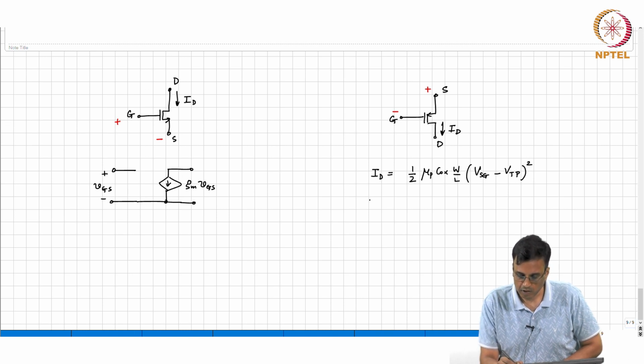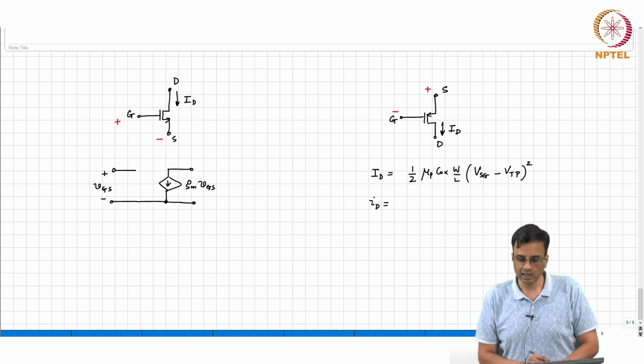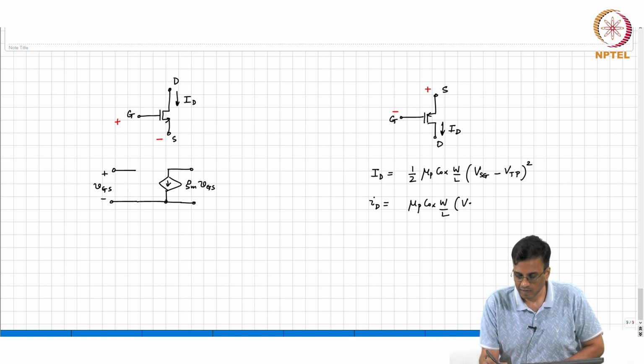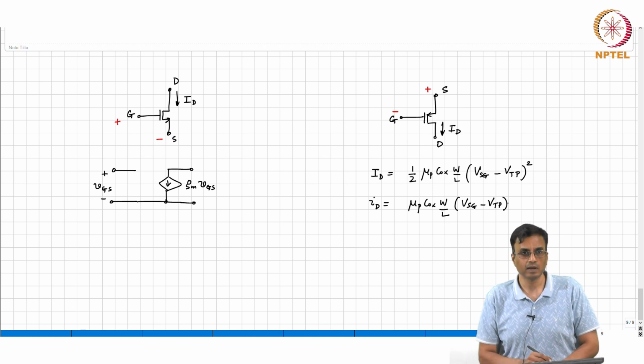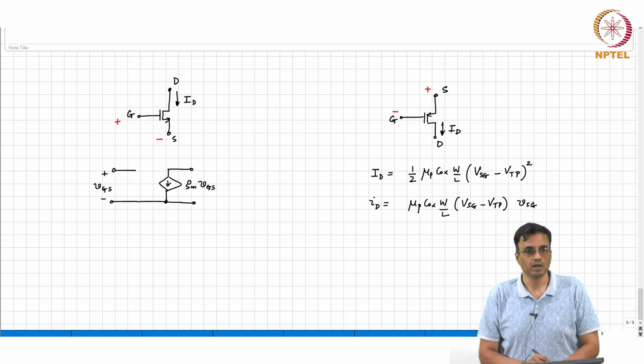So, small ID, the drain current, is nothing but mu P Cox W by L times VSG minus VTP times the change in the source gate voltage.